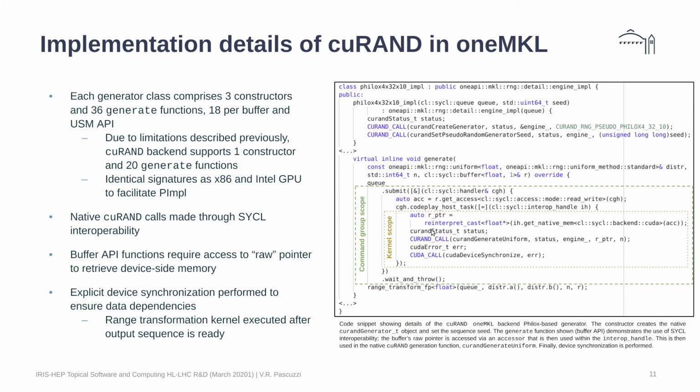Basically, this allows you to call from the host any third-party library that you have access to. So we take the cuRAND call, which is just a definition, and we call a cuRAND generate uniform with some parameters, and then we do a device synchronization at the end. And depending on what we're generating exactly, we can do this range transformation kernel at the bottom, which just adjusts the range of the random numbers that were generated.